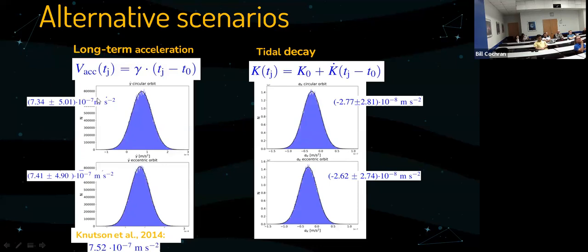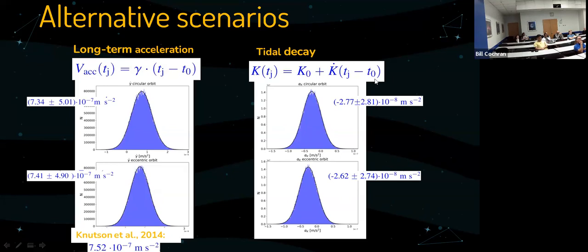And they can all happen in parallel. So I studied both of them, for a circular orbit and for an eccentric orbit, in all cases. And this is how I modeled the radial velocity. What I added to the radial velocity curve to model that, for example, in tidal decay, which is maybe more interesting: in long-term acceleration, I just add an acceleration at the end of the whole model.